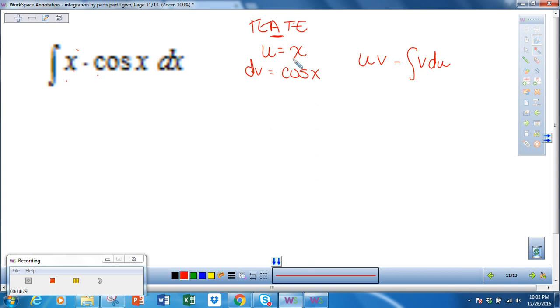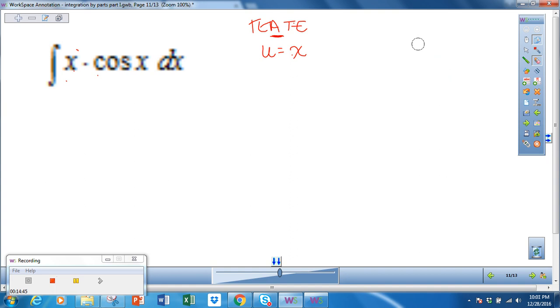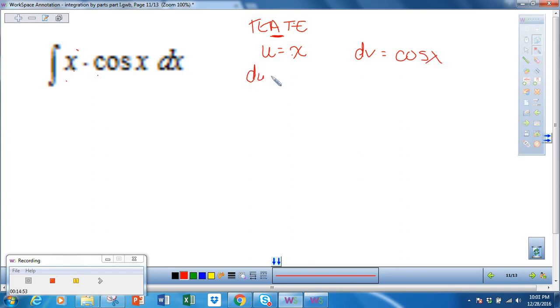Okay, so if this is u, we need to find v. So let us do this. Let me rewrite this. Okay, so dv is equal to cosine x. So then du is equal to dx, and v is equal to positive sine x.